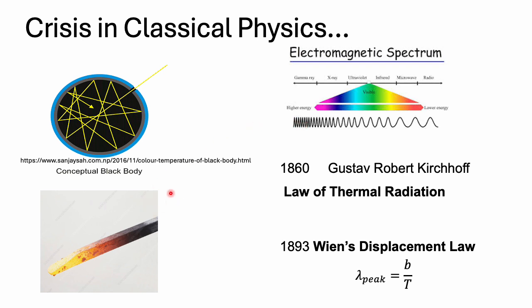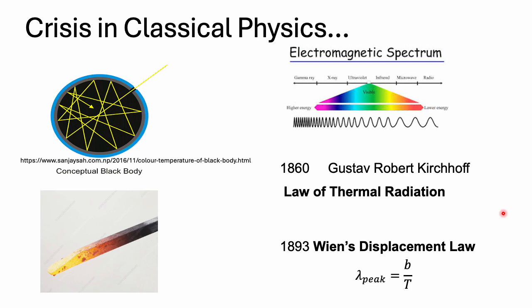This is the reason why a metal rod glows red when heated and then turns yellow at the tip as it gets even hotter. So you can see here that yellow is much hotter since it has a shorter wavelength compared to red. And so if we examine this spectrum, color indicates the energy and temperature of the radiation being emitted.